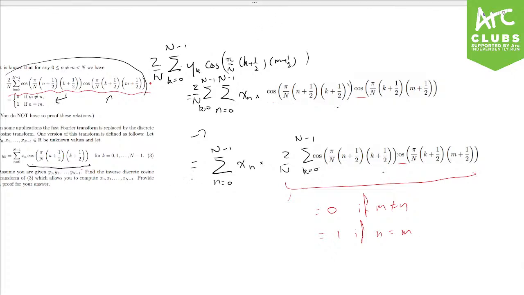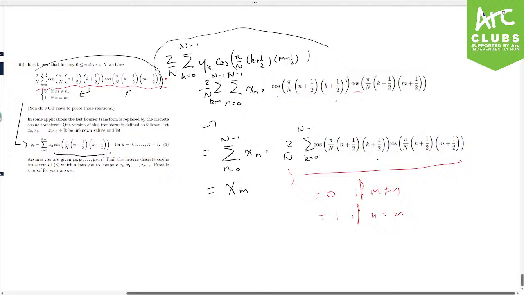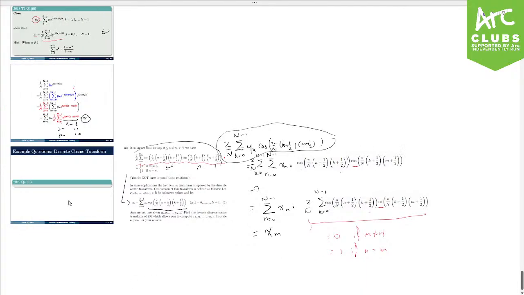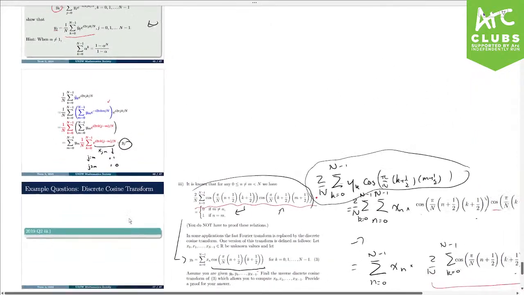So this whole sum will evaluate to xm. And that gives us the inverse of the discrete cosine transform, which is the solution to this question.